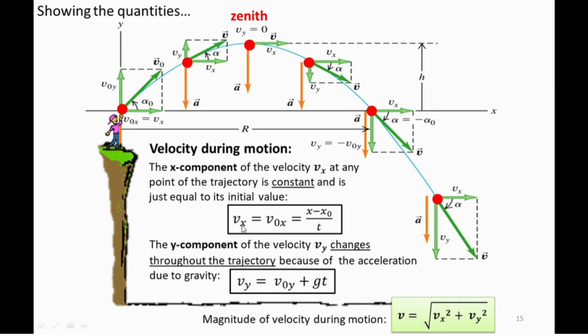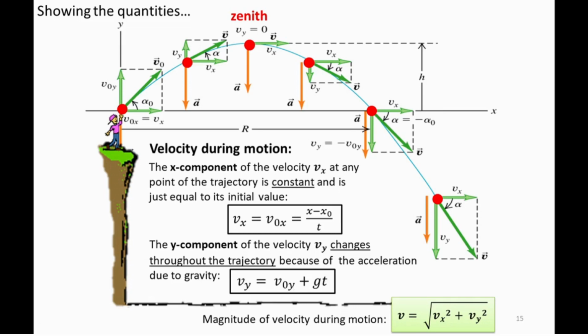The x component is easier to calculate because it is just equal to the initial x component of the velocity, which is equal to the distance traveled divided by the time. While for the y component of your final velocity, you still have to calculate it using the kinematics equation, because as you can notice, we add the initial y component of the velocity plus the acceleration times the time of flight of the projectile.